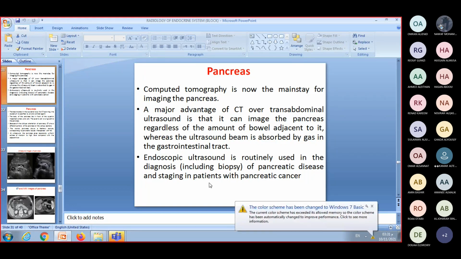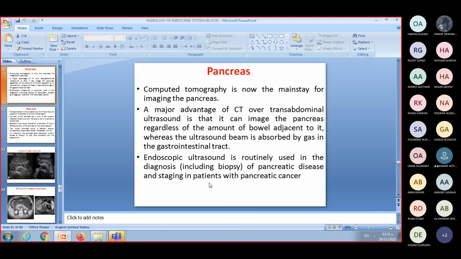First, you should know that ultrasound is of limited use in structures containing air, for example the bowel.